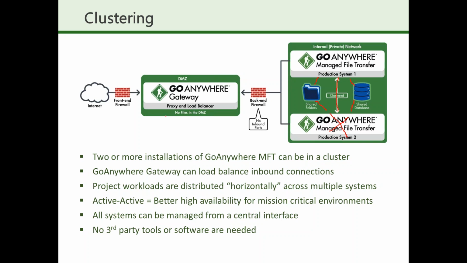And you can use our gateway not only as a proxy server in the DMZ, but it can also be a load balancer. So as transactions or sessions come in from your partners, it can load balance that over those systems within the cluster, those that are available. So a lot of our enterprise customers do like to implement clustering to give them the best high availability.